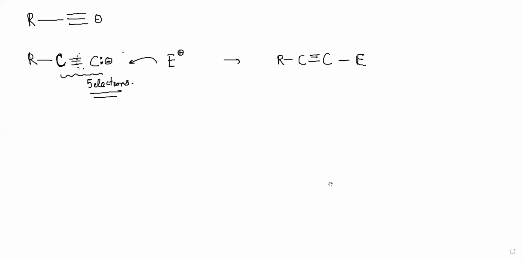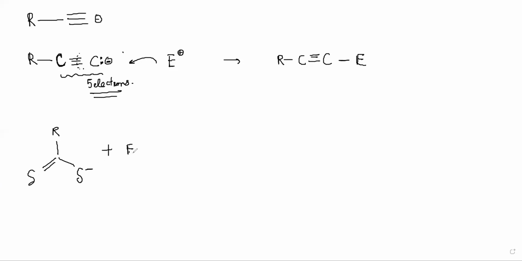Then the next molecule is R, S minus. It is another negatively charged molecule, so it will behave in a similar way. There is another molecule which is R, double bond S, and a single bond S minus.